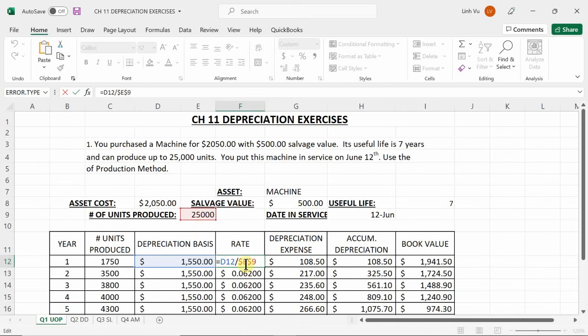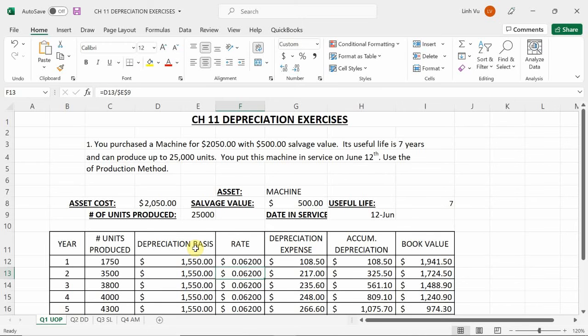And that should give you 6.2 cents. Okay. It gave me 0.75 something. How did you get 0.75 something? Can you tell me how you got that answer?